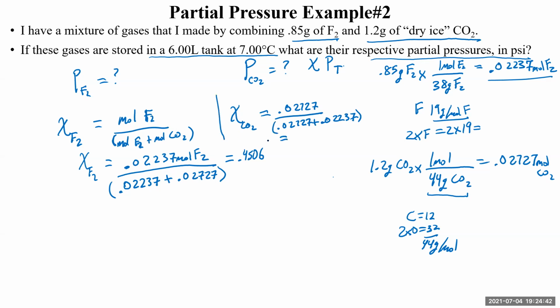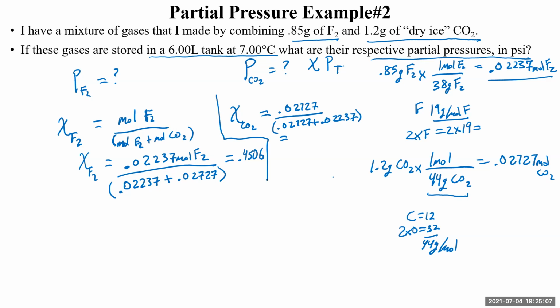So let me just separate these: 0.02727 divided by, in parentheses, 0.02727 plus 0.02237. This is one of the few times when I actually feel like I need to use parentheses, because I can't do this any other way.